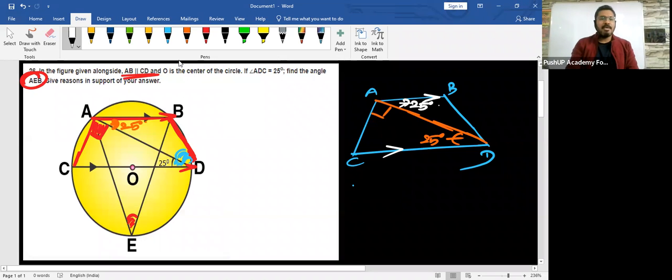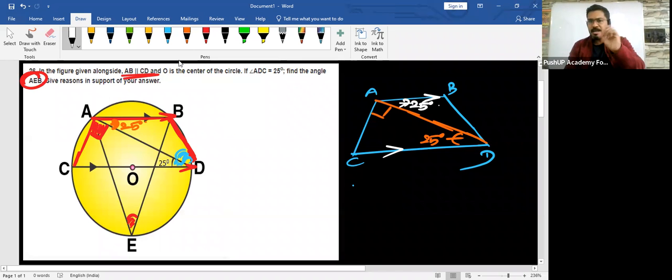Now children, what kind of a quadrilateral is ABCD? Cyclic quadrilateral. And what was the property which I taught you regarding a cyclic quadrilateral yesterday? The opposite angles of a cyclic quadrilateral are supplementary.